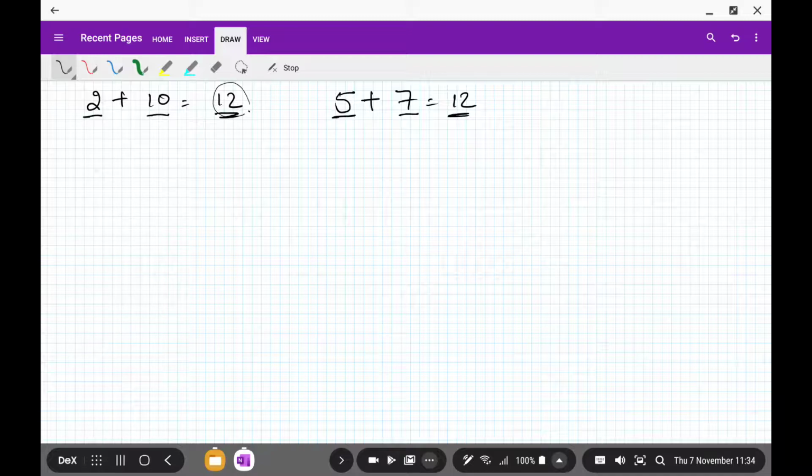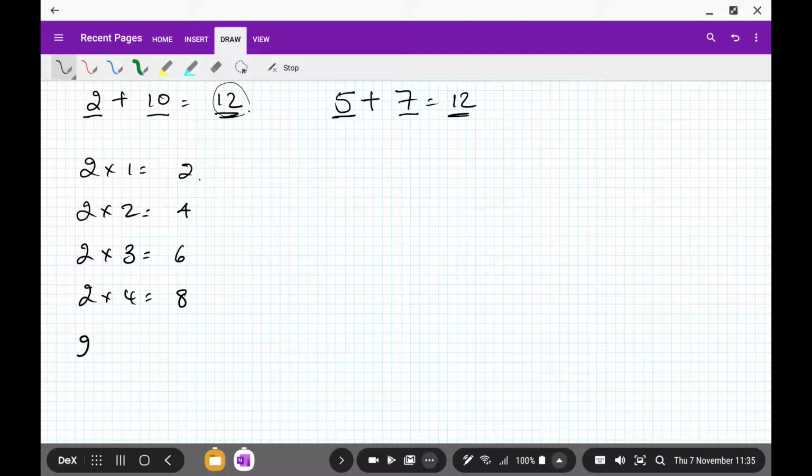So let's say, for example, if we start, 2 times 1 is 2, and 2 times 2 is 4, 2 times 3 is 6, 2 times 4 is 8, 2 times 5 is 10. So you get the idea. 2 times 6 is 12. Okay, so you know this.